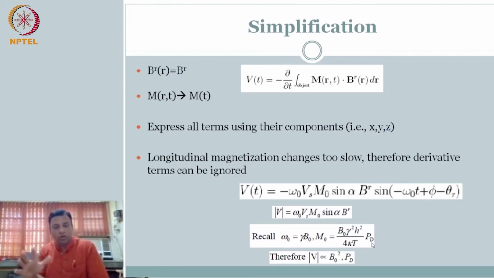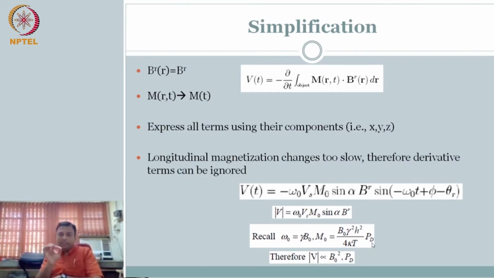Of course, we haven't talked about noise yet, we'll come back. But at least we are increasing the signal. But we are not increasing linearly, we are increasing it non-linearly. So if I go from 0.5 Tesla to 1.5 Tesla, it is not like I'm increasing the signal strength by 3 times. I'm increasing the signal strength by 9 times. Okay, so that is a very, very, very big advantage.